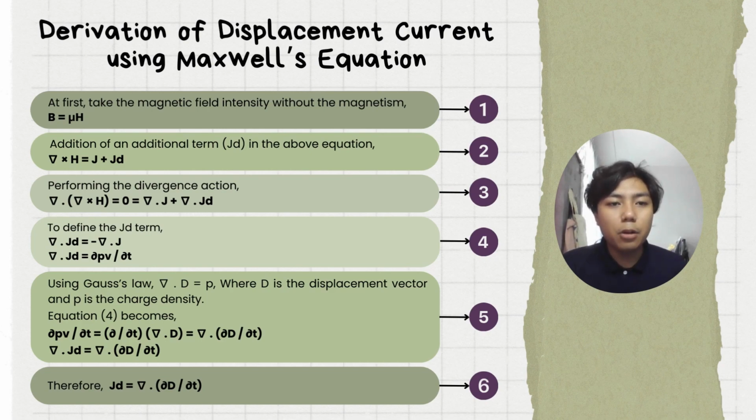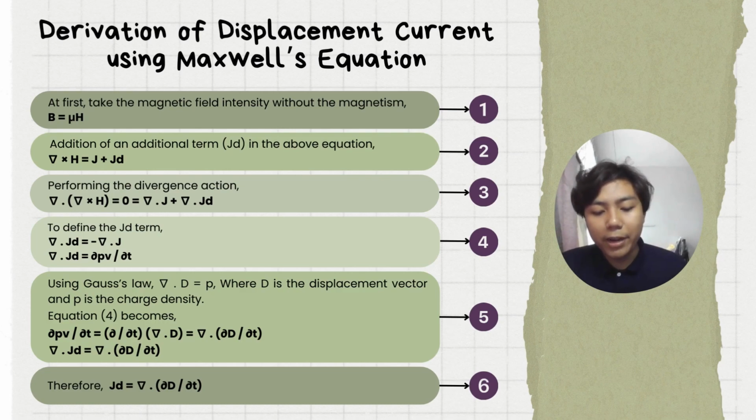By using Gauss law, div D equal to ρv, where D is the displacement vector and ρv is the charge density, the equation will become dρv over dt equal to d over dt of div D, equal to div dD over dt. Also, div JD is equal to div dD over dt. Therefore, the final equation will become JD equal to dD over dt.